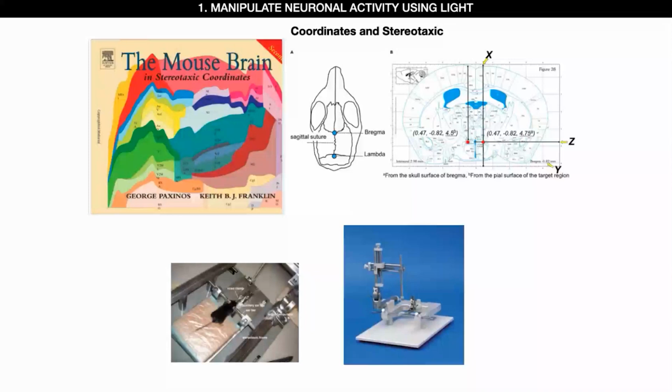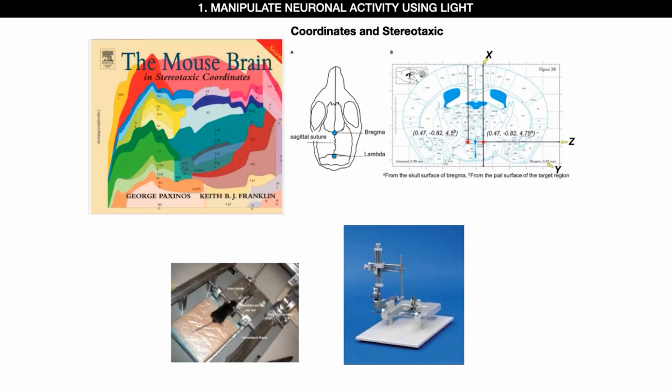And eventually you can target specific areas of the brain just by consulting mouse brain stereotaxic coordinates and then placing the animal under the stereotaxic apparatus, as you can see in one of those figures. Then you can target specifically, using those coordinates, the area of interest.